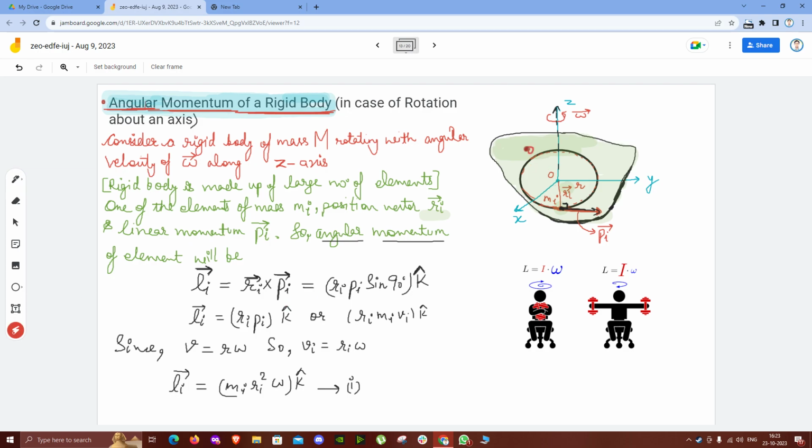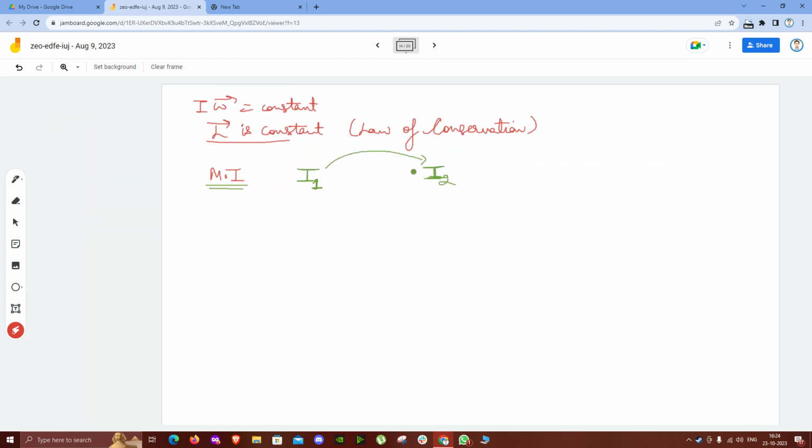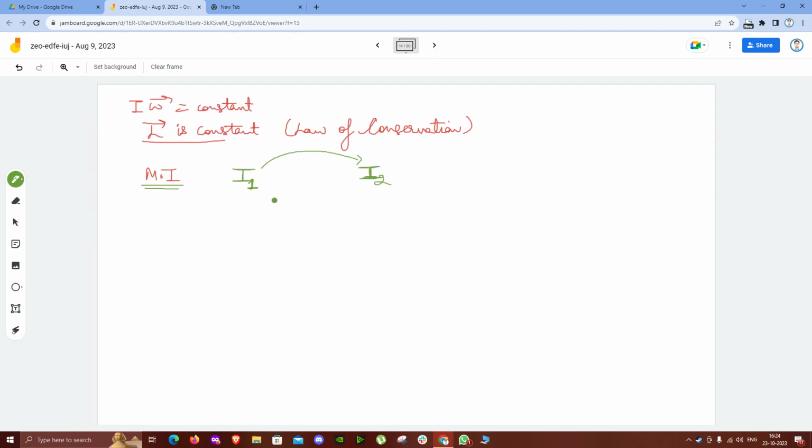No external torque is being applied on the body still. It's an isolated system. The body changes its own configuration because of internal forces: the mass distribution or its shape changes. So I1 will now become I2.